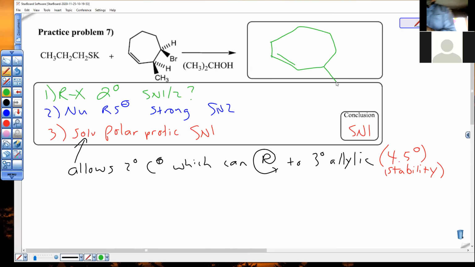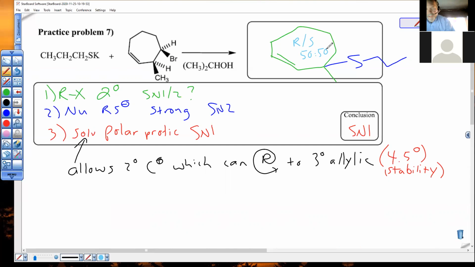There's the original. Sulfur with a propyl has been neutralized by the solvent. You need to acknowledge the stereocenter in an SN1. It's a 50-50 mix of R and S.